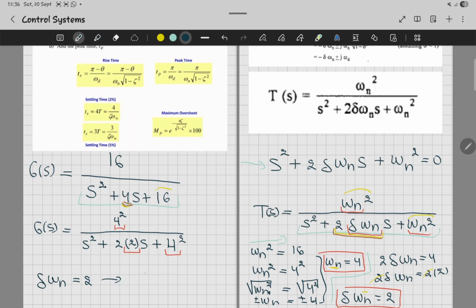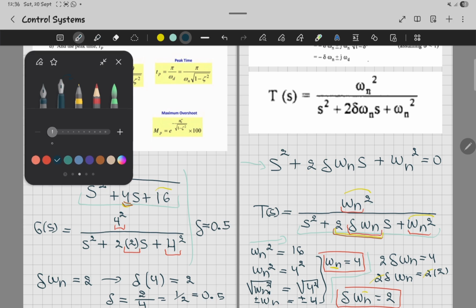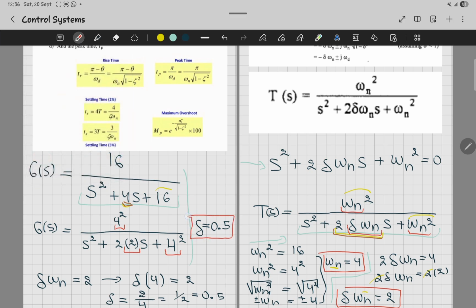So you're going to replace the answer there, it's going to be 4 equal to 2, and the damping ratio will be equal to 2 over 4. If I divide both sides by 4, it gives me 1 over 2, which is equal to 0.5. That is the answer of our damping ratio, so our damping ratio equals 0.5. That's what you see there.